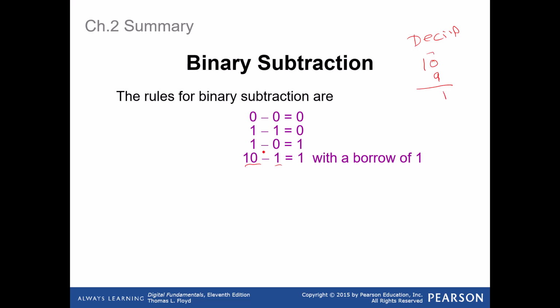The same thing here: we borrow, so we have 2, and 2 minus 1 is 1, like we did with this, and this one becomes 0. Like here, when we borrow, this becomes 0 as well. The same idea.